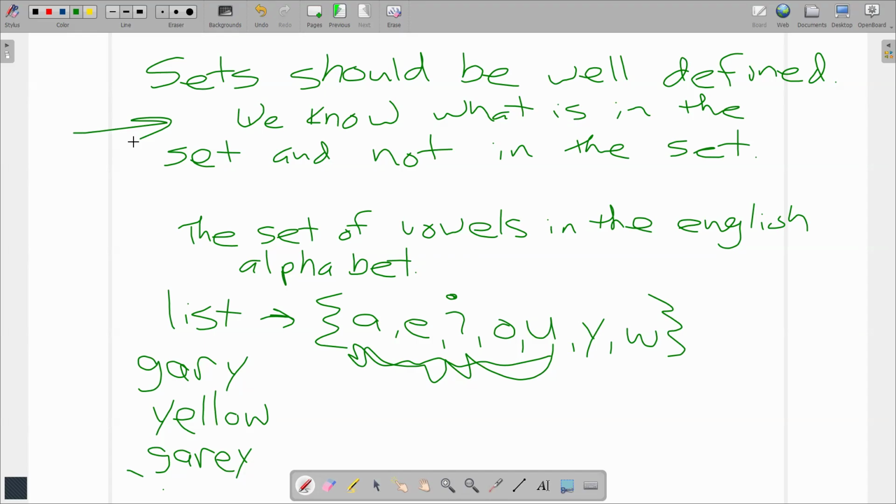Okay. The W thing I just learned this year when I was working on some programming thing, and somebody said, oh, Y sometimes. So I had to write rules for when Y is a vowel in a computer program and when it wasn't. And then somebody said, well, W is sometimes. And they gave me an example. I forget what the example was, but it was like 1 in a billion words. All right. Point: a set should be well defined.